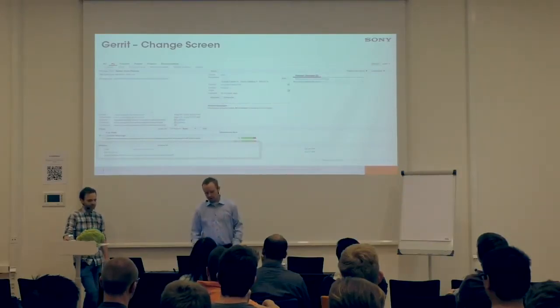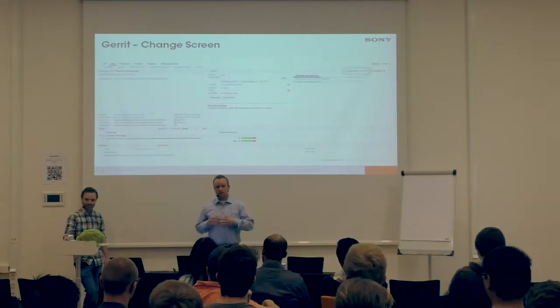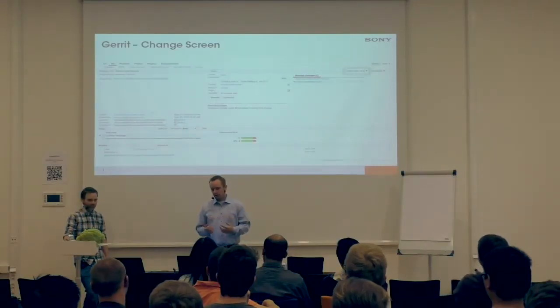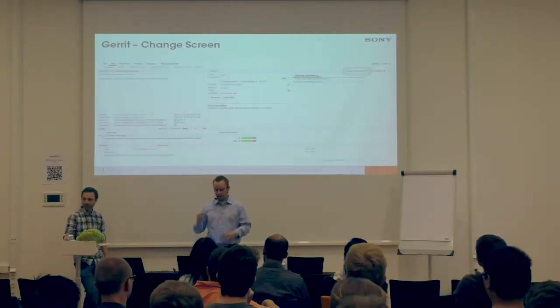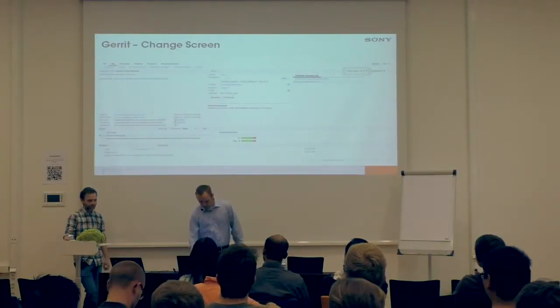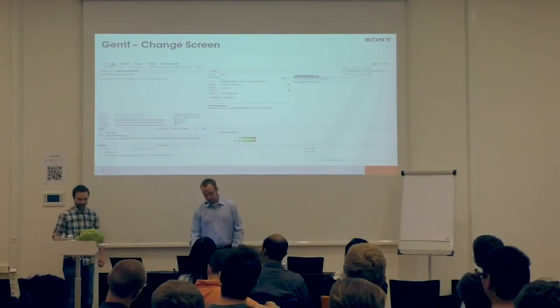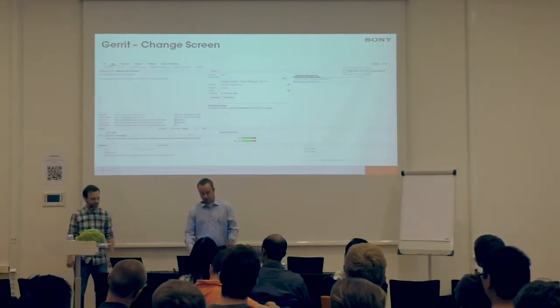So you can follow the life of the change right there. A change consists of one or several revisions as the code review workflow goes around, and you can select which revision you want to look at right now.